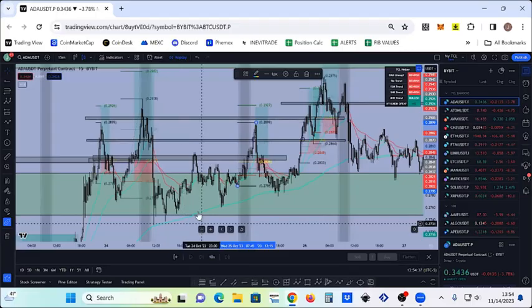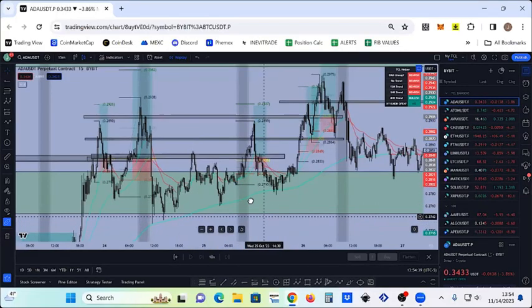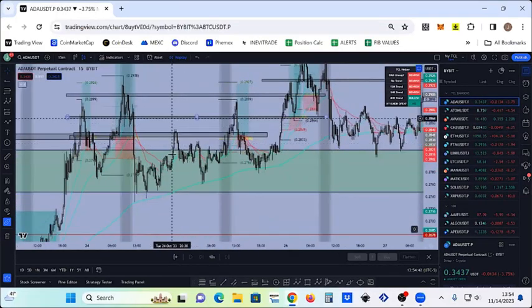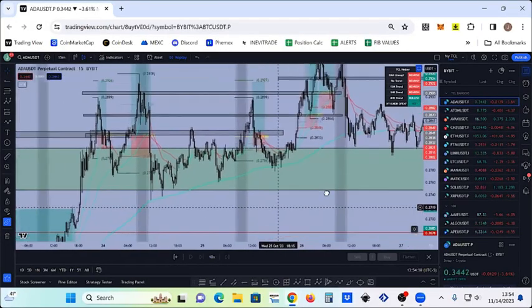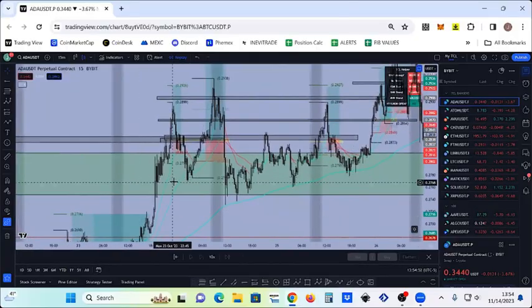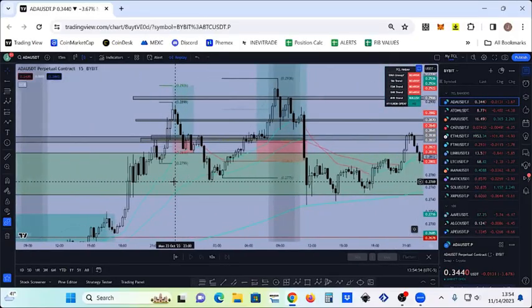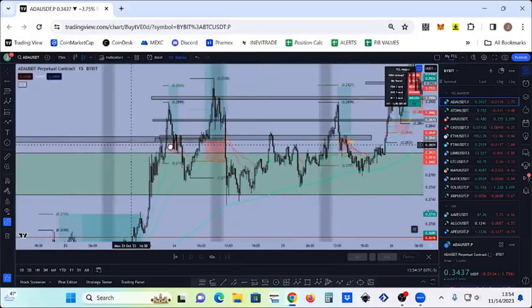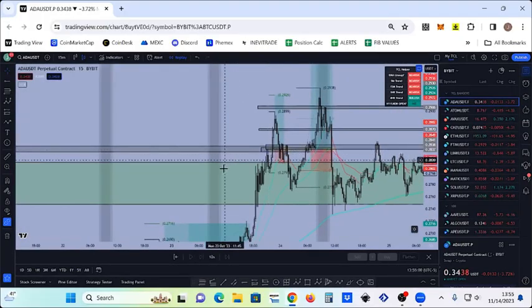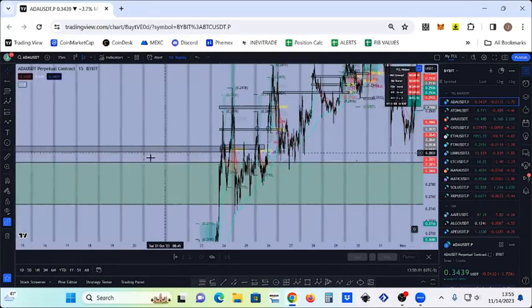So if you're marking out your 1 hour support and resistance like I have, you might want to wait until it goes through and retests before you start setting something up. That makes sense. Same thing over here, overside retest. This entry point had contact right before it and nothing to the left.